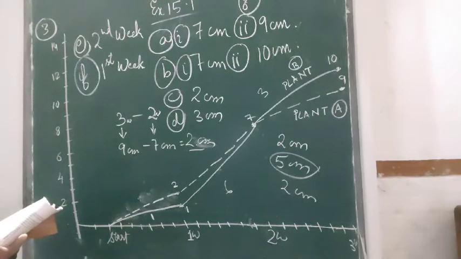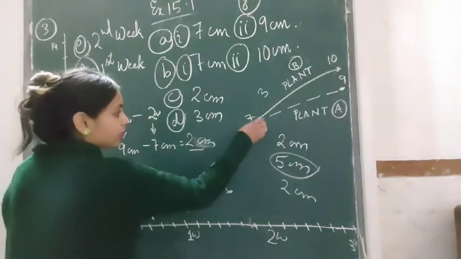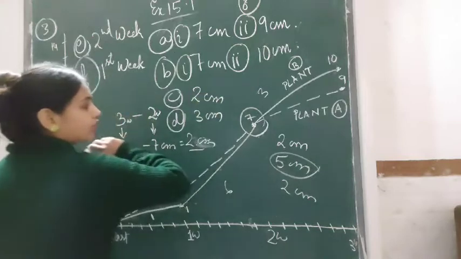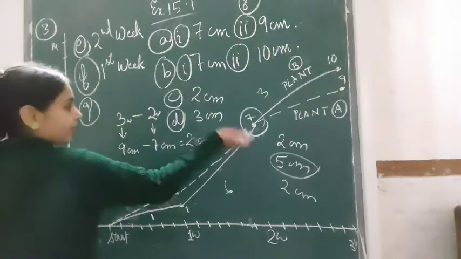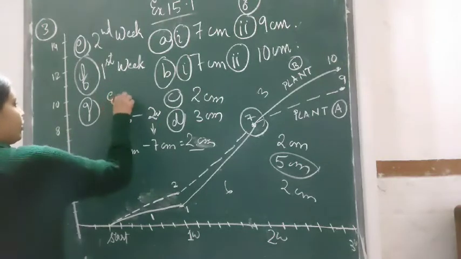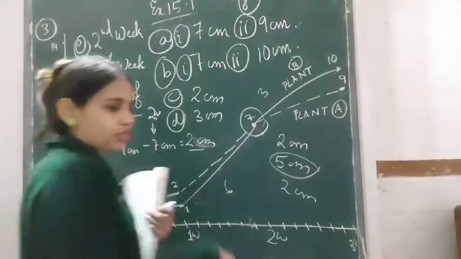Then, were the two plants of the same height during any week? Yes. Here. So the answer should be second week. Either you can write end of second week or you can write second week. Both the answers are correct.